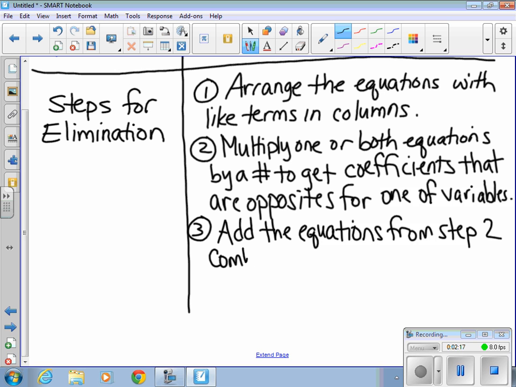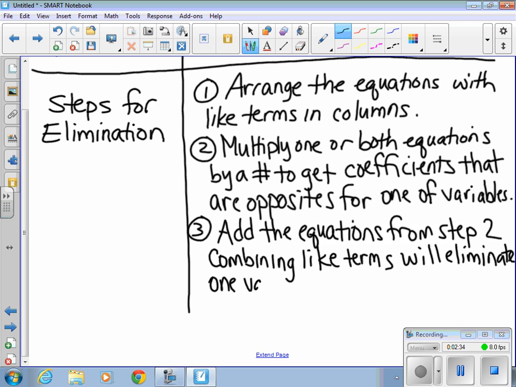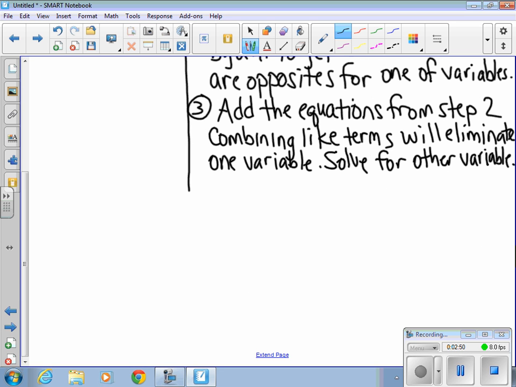Combining like terms will eliminate one variable. You will need to solve for the other variable. And this is where you will get half of your answer. Right? So after step three, you can write your ordered pair with half of it filled in.